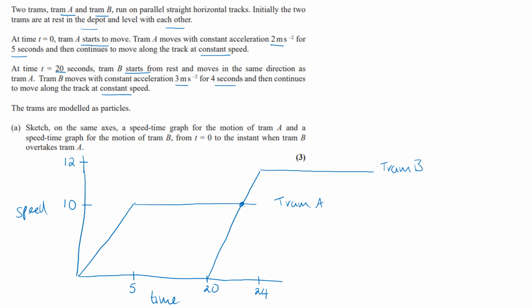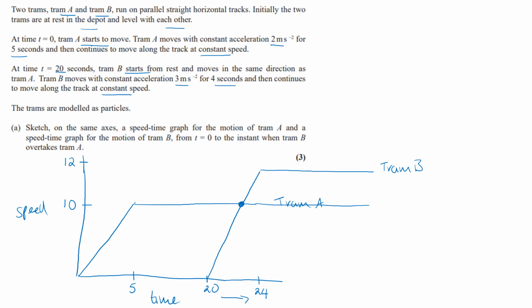So this point here is just when tram B is travelling at 10, but because it's set off so much later, it's not going to be the point where it overtakes. But we can see, because for the first 4 seconds tram B does accelerate and go higher than 10, there'll be some point when they've travelled the same distance and tram B would overtake tram A. We're going to find that by looking at the areas under both of those lines and seeing where they're equal, and that's going to be the point where they overtake.